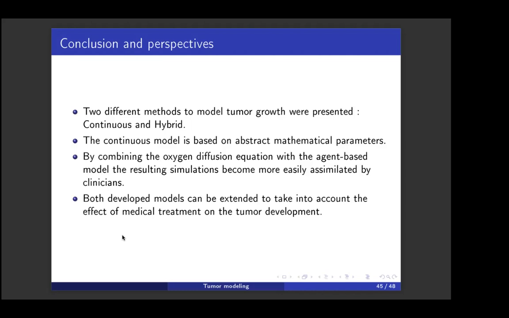Both developed models can be extended to take into account the effects of medical treatment on tumor development, which is work in progress now. We remark that the continuous model is based on an abstract and mathematical approach, but the second approach, combining oxygen diffusion and the agent-based model, is easier for the clinician to simulate.